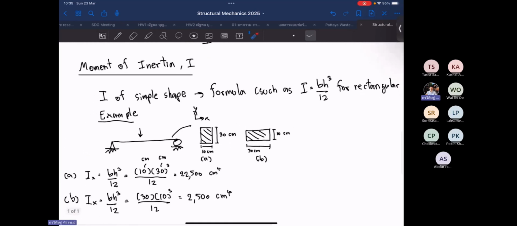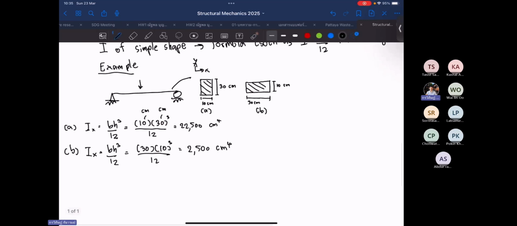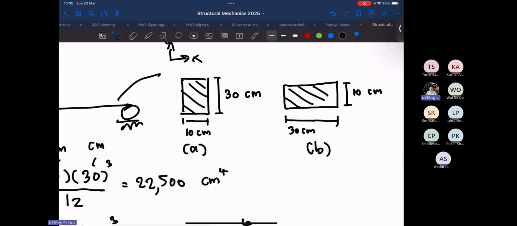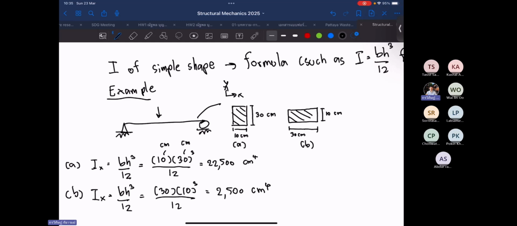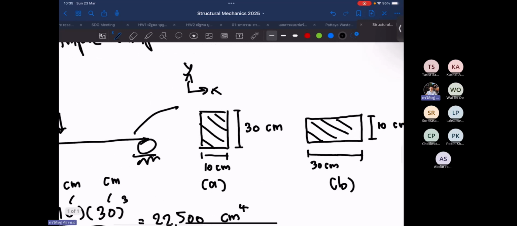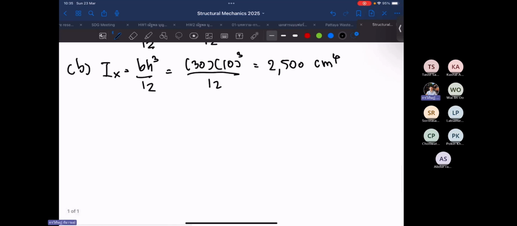Then this one is for simple shapes, but in reality, simple shapes are present only in reinforced concrete structures, I think. For structural steel, this shape is typically not used because it will be very heavy. So we use composite shapes.